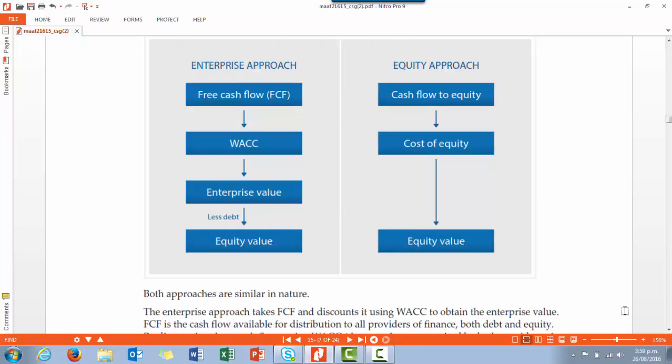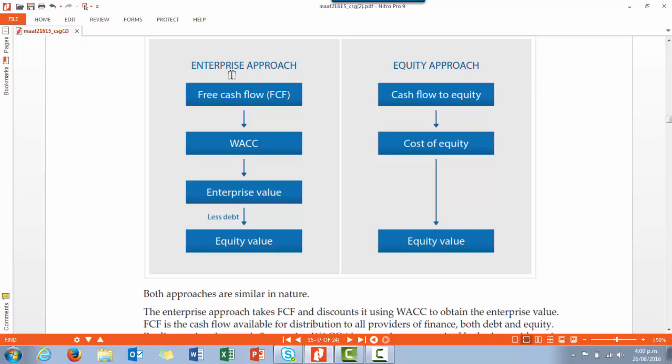Now, when using the income approach to value a business, we can either use the enterprise approach, where we look at free cash flows available to both shareholders and providers of finance. We then apply WACC to the free cash flow in order to get the enterprise value. That's the value of the whole business.